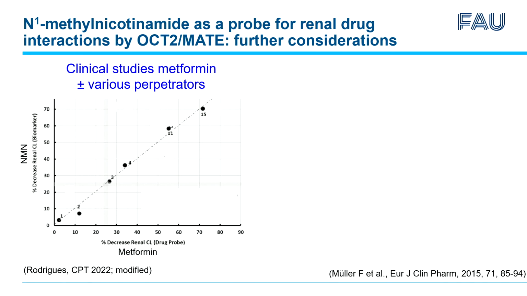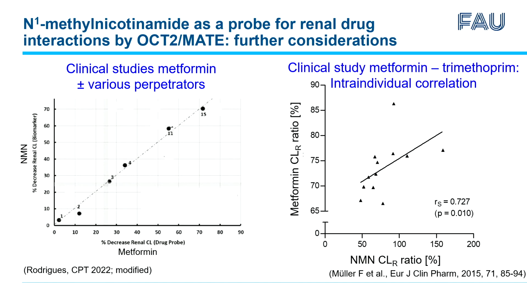Each black dot is one individual study. They use different OCT2-MATE inhibitors, mainly pyrimethamine and trimethoprim, and in different doses also. And there's really a very excellent correlation in these studies in the extent of decrease of renal clearance of metformin with the respective decrease in renal clearance of NMN. So that's very nice and comforting.